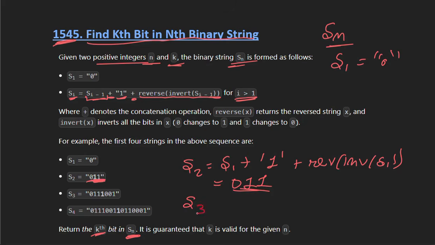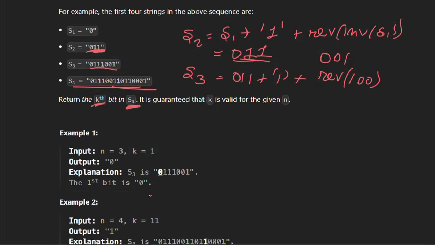Then S3 is directly S2 plus character 1 plus reverse of invert of 0 1 1, which is 1 0 0. Now if we reverse it, it will become 0 0 1. So see, this is S3. Similarly, we find S4 and Sn.